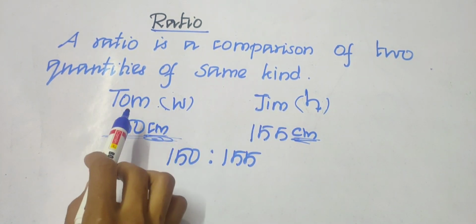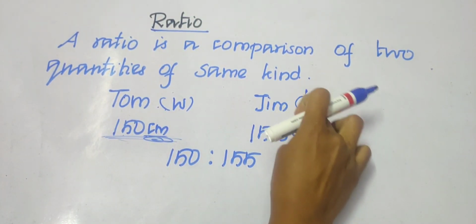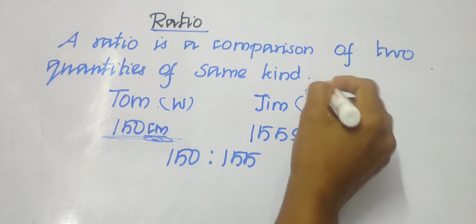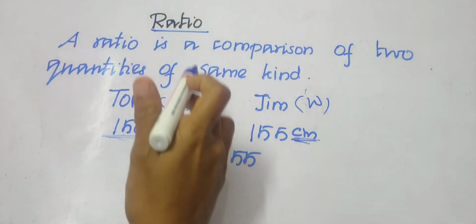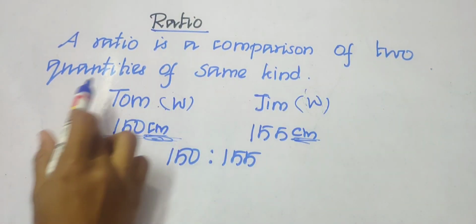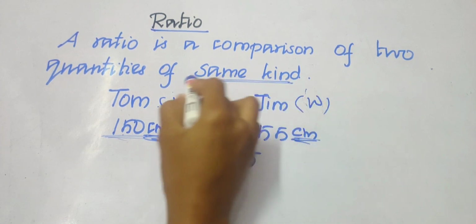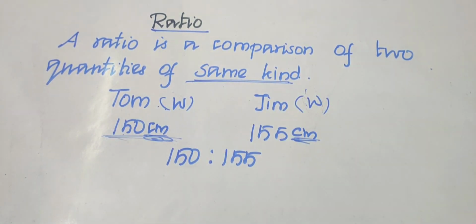If you are comparing the height, you should compare the height of both persons. If you are comparing the weight, you should compare the weight of both persons. That is called a ratio.